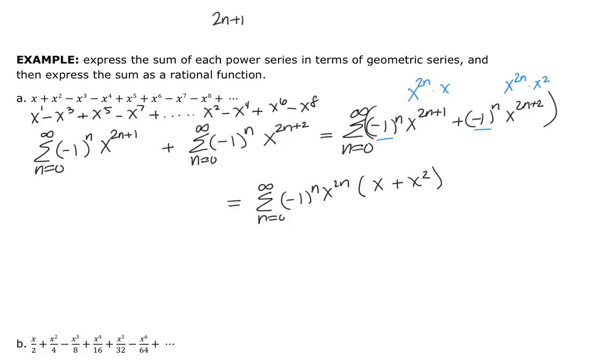Now I need to write it as a rational function. The x plus x squared is not dependent on the summation of n equals 0 to infinity. Since I'm reversing that, 1 over 1 minus y is equal to the summation of n equals 0 to infinity of y to the n.